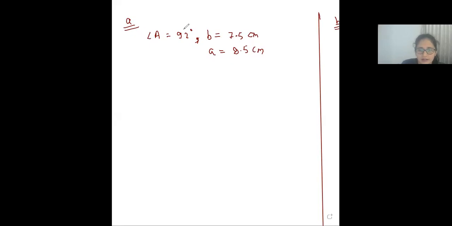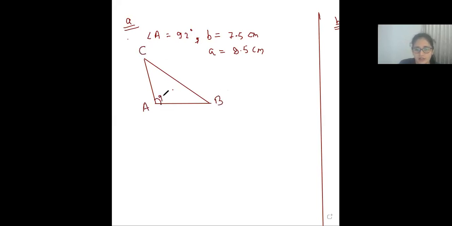Let's draw the triangle where angle A is more than 90. Okay, so this is the triangle ABC.